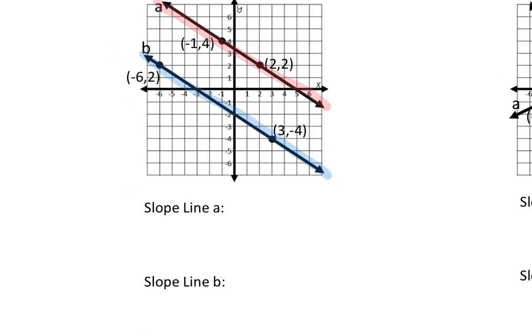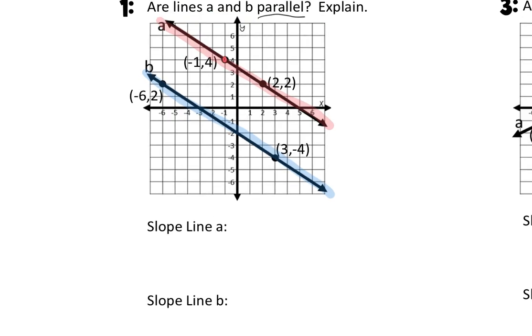So slope A. Line A has a point (-1, 4), right here, and the other point is (2, 2). So I'm going to write them down here, (-1, 4) and (2, 2).